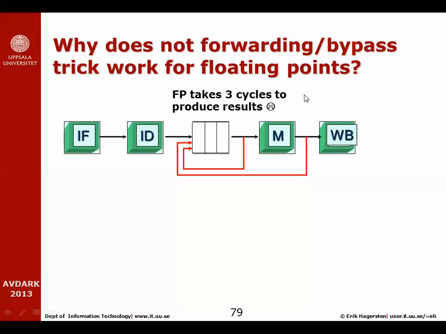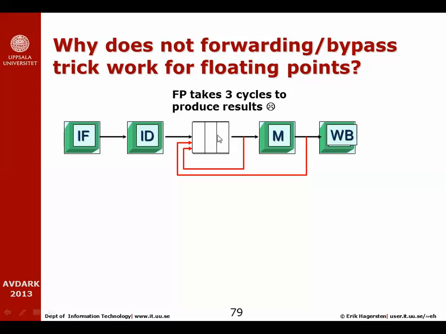Of course, there are different trade-offs. There could be architectures that don't have these restrictions, but in this situation, we are looking at an architecture executing floating point instructions, and it's not very uncommon that a floating point instruction takes more than 1 cycle in the execute stage. These are still a pipeline implementation, so the very next instruction can start 1 cycle after the previous one, entering the pipeline stages of the floating point unit, but it's going to take 3 cycles until the result, for example of adding 2 floating point numbers, has been produced.